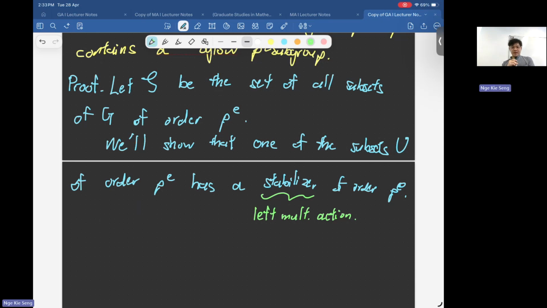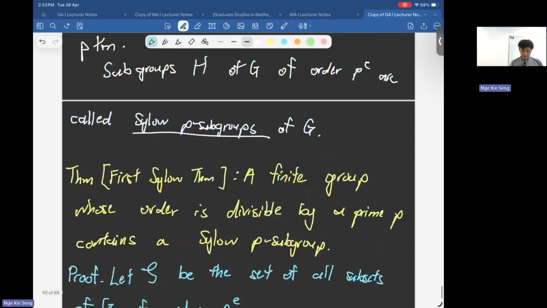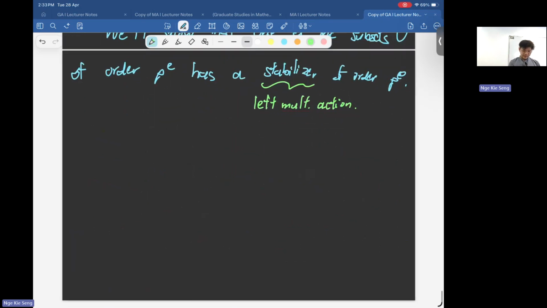Okay. Right. So what should we do next? Maybe we should mention a bit of this left multiplication action before we continue.